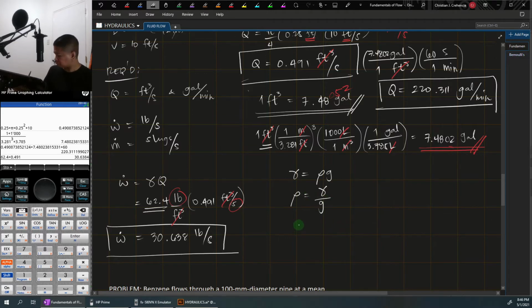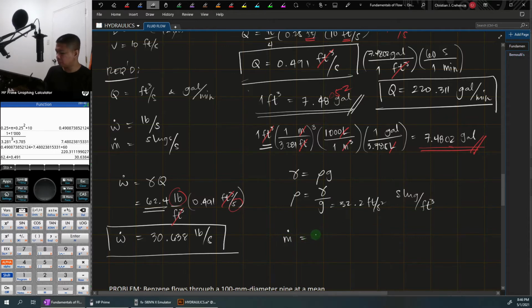So yung G is 32.2 feet per second squared. Okay? So para maging output nito is slugs per volume, slug per cubic foot.